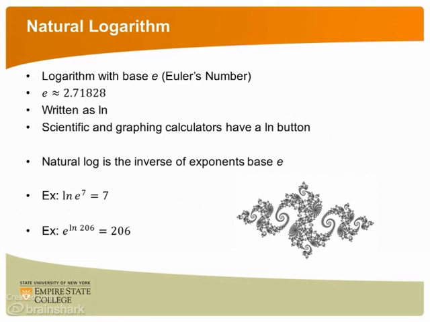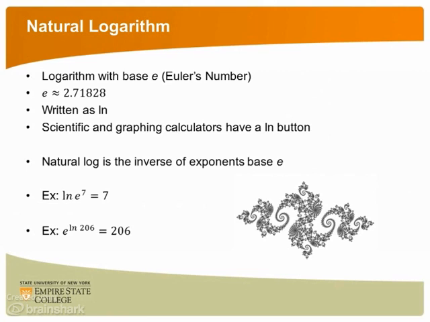The log base e is called the natural logarithm, denoted ln. Like the common logarithm, scientific and graphing calculators have an ln button. As the natural logarithm is a logarithm, it is the inverse function for e raised to a power.